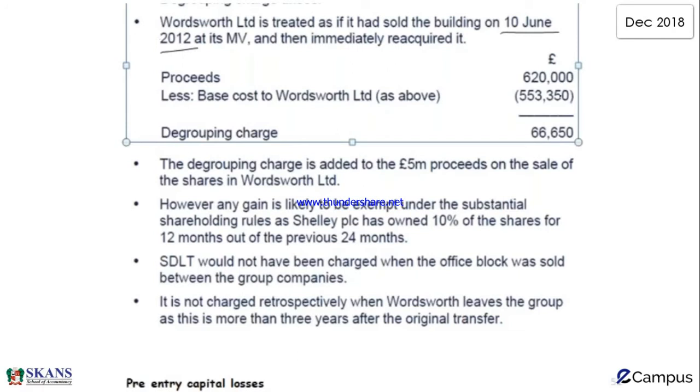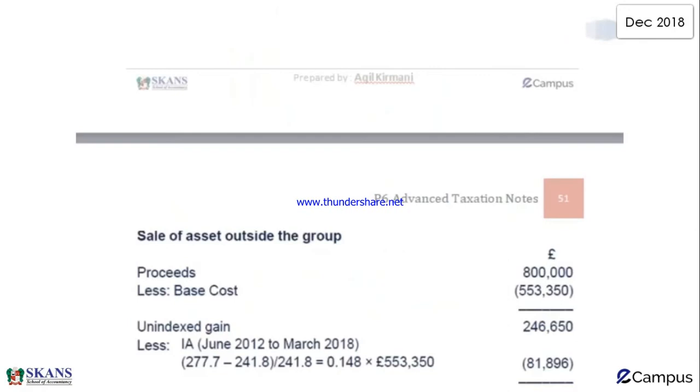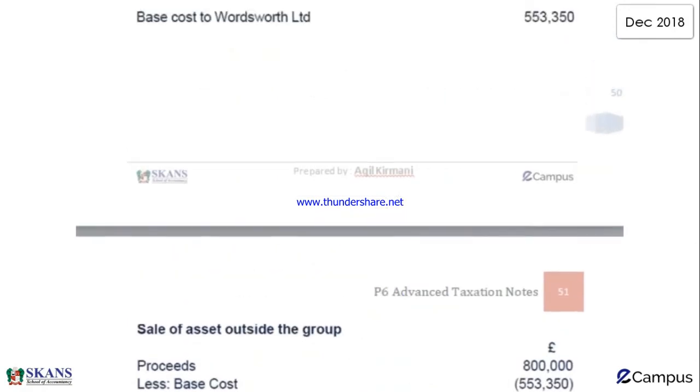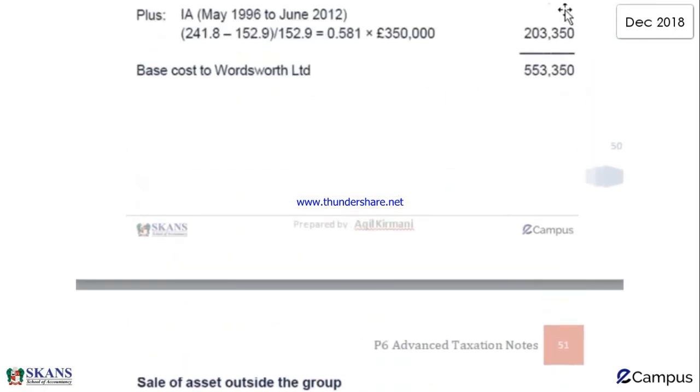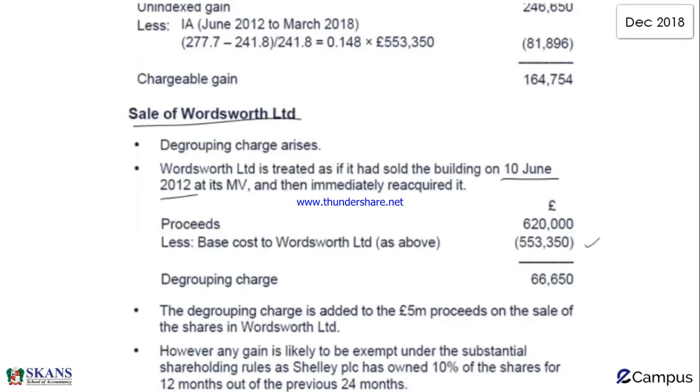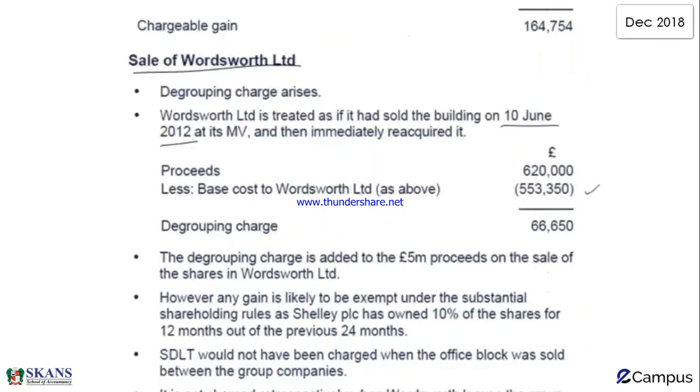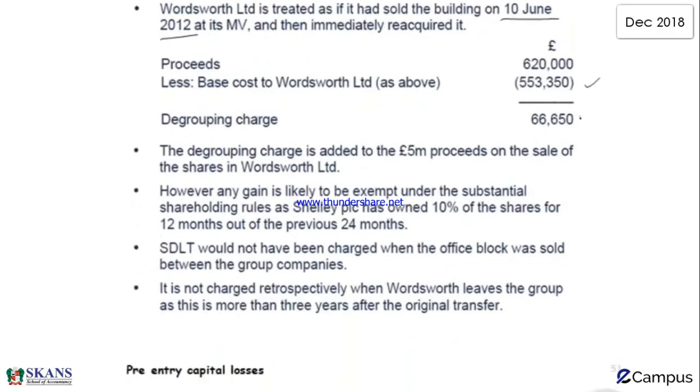So 620 minus the indexed cost till the date of sale, which we are using from the above calculation. As you can see, the indexed cost to date was 350,000 and indexation till 2012, 233,350. So I'm using the same amount of indexed cost. So this is the degrouping charge.